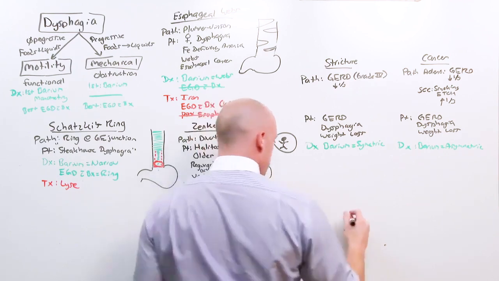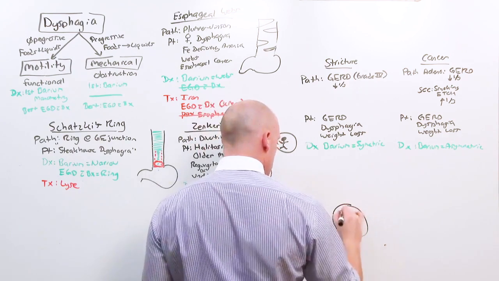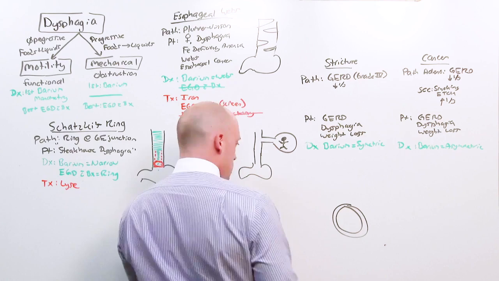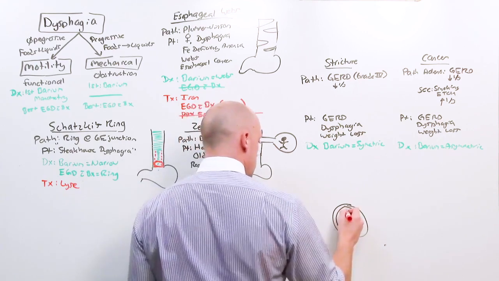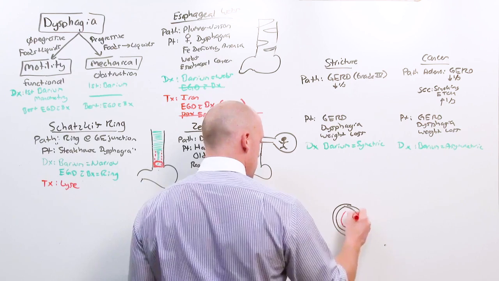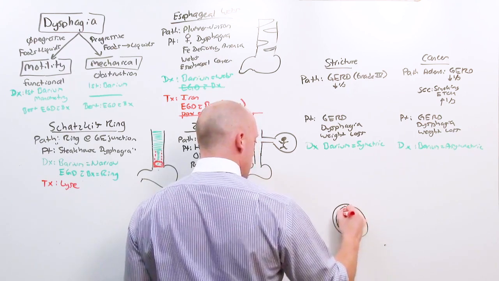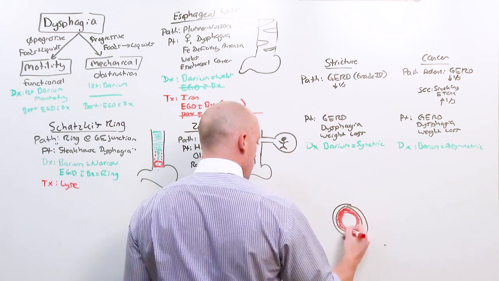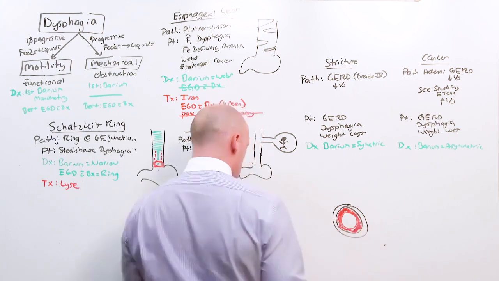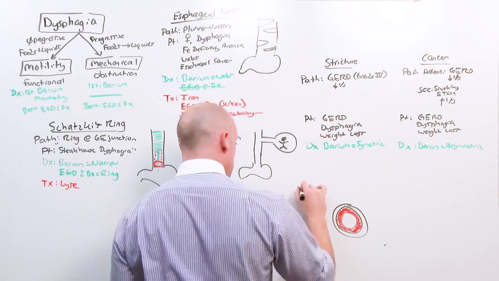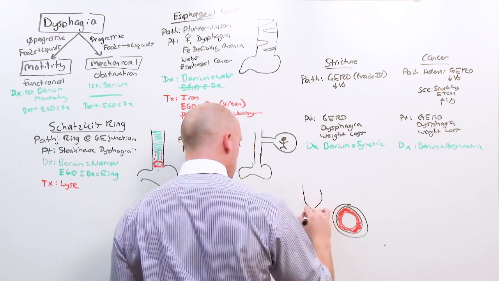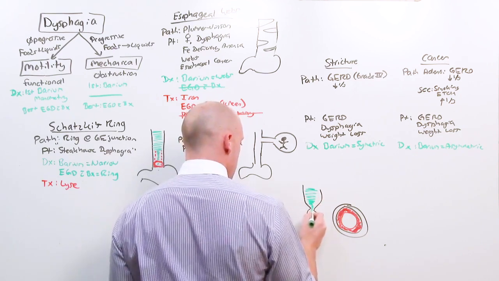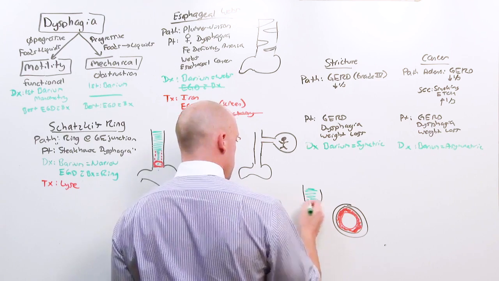Let's see what that looks like. So this is the esophagus, and this represents the lumen. As a stricture develops, it narrows the lumen. Very much like a ring. And so when you do a barium, you're going to see the stricture site.